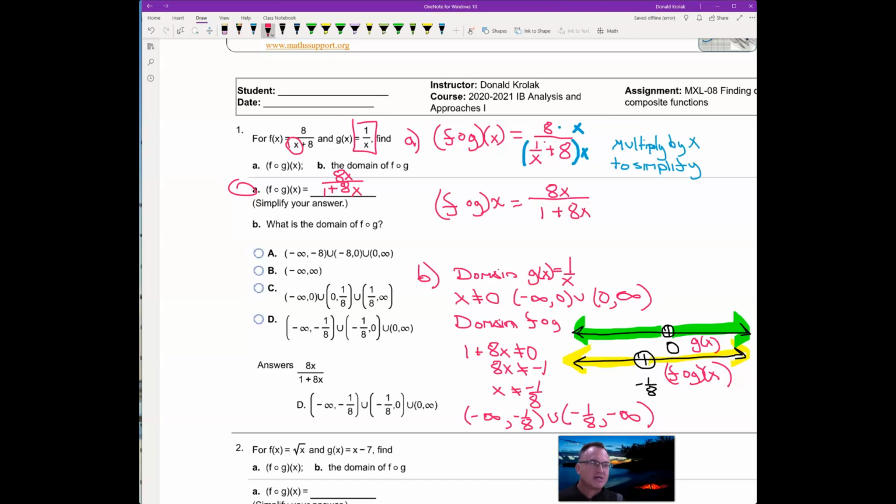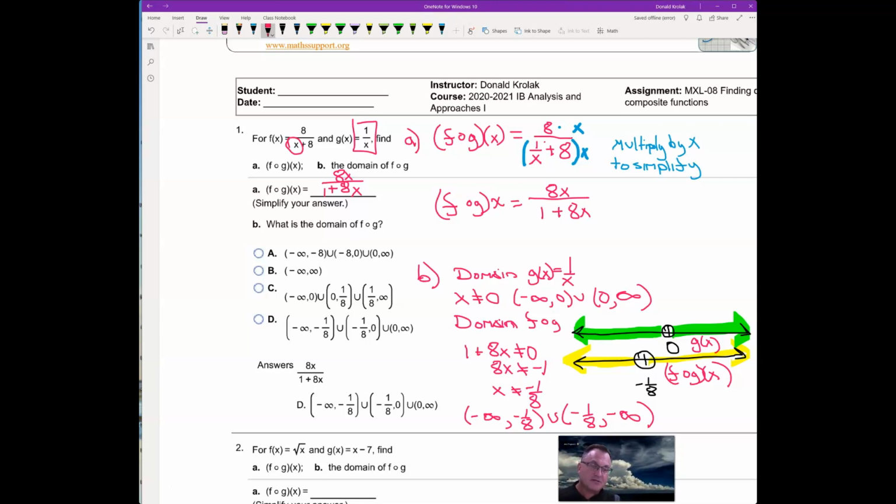Then I go on to the second part, which is to find the domain. You're finding the domain of the inside function and the domain of the composite. Notice that you're not doing the domain of the outside function. The domain of g of x is simply all real numbers except 0, and I graphed that up here in green.